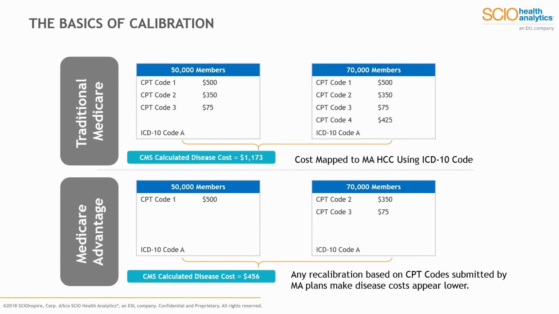CPT is the cost calibrator, and in fee-for-service, payment is based on activities versus health conditions. So maybe you're sitting here going, why does that matter? Because the deficiencies in the submission of CPTs impact the perceived cost of treatment based on CMS's method of calculation. Again, fee-for-service has been doing these CPT submissions since the 60s, so they've had in excess of 50 years to perfect coding and submission of activities.